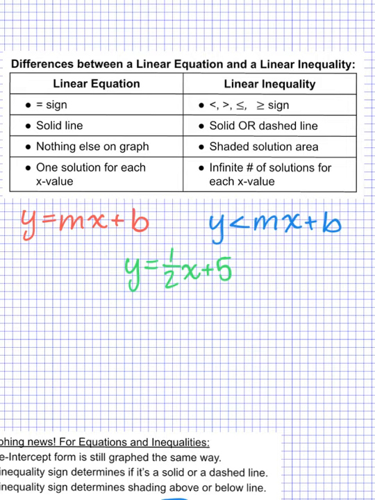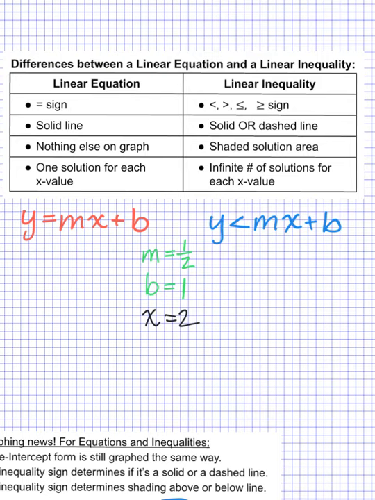So let's look at what that means before we practice graphing it a couple of times. I'm going to take this information, a slope of 1/2 and a y-intercept of 1, and look at how it differs from the equation to the inequality. For the sake of ease, let's evaluate at the point where x equals 2.